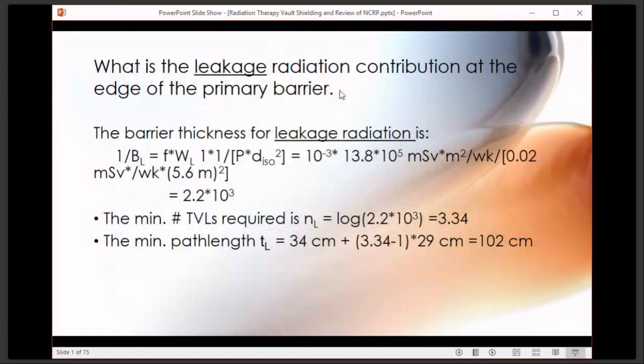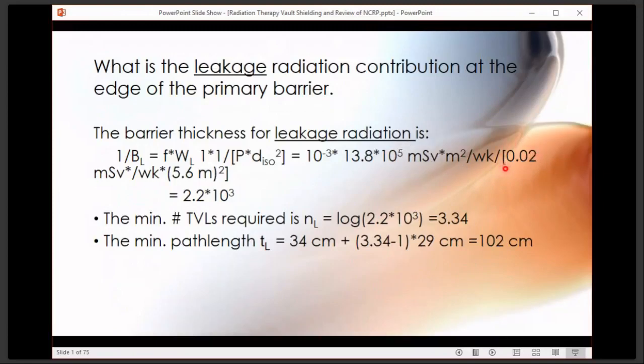So what does the leakage radiation contribute to this point just off the primary barrier? All right, we go back and we put into our formula the data that we have here, that the leakage radiation workload is 13.8 times 10 to the 5th.